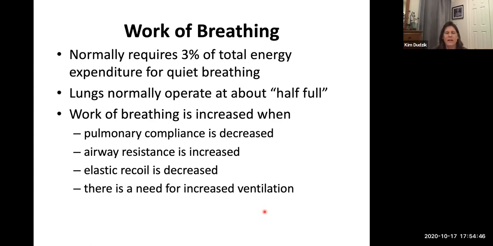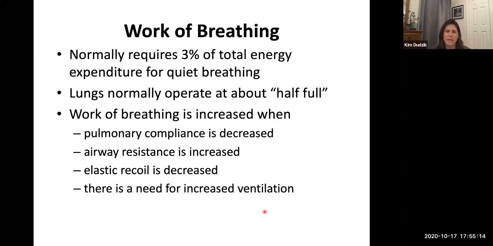When you increase the work of breathing, again, you do that when your pulmonary compliance is decreased. So we mentioned some of the diseases with that. The airway resistance is increased, so resistance of airflow makes it harder to breathe. So we looked at some of those diseases that do that. The elastic recoil is decreased, okay?